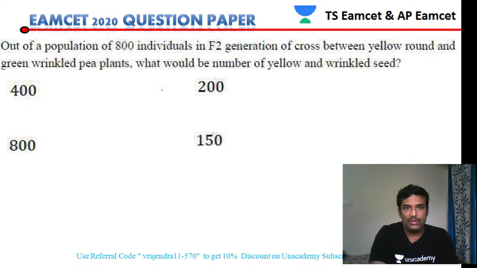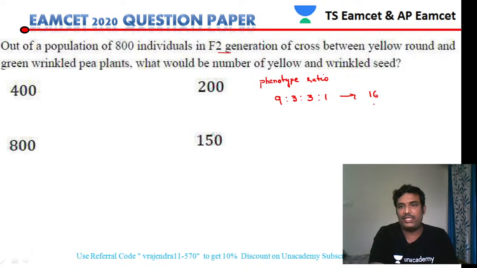Next question. In a population of 800 individuals in F2 generation, what is the ratio of the F2 generation? 9:3:3:1, this is the phenotypic ratio of a dihybrid cross. If you count this all together, it will be 16. The number of individuals he is having is 800.